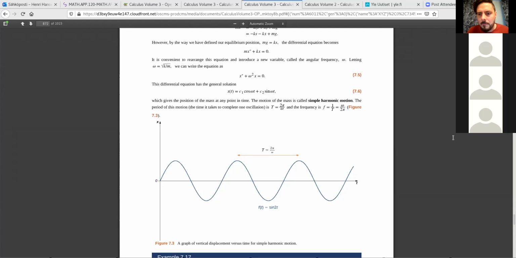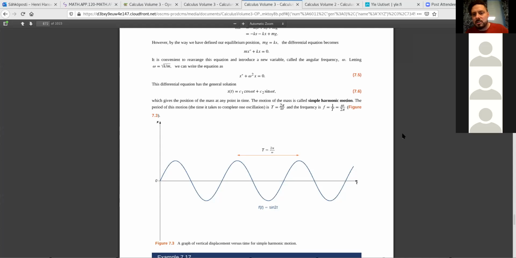So my original characteristic equation is m u squared plus k, right? The u doesn't appear there because it's x, it's not the first derivative of x. So if we rewrite this as u squared plus w squared is 0, then its roots will be u is plus or minus i times w.